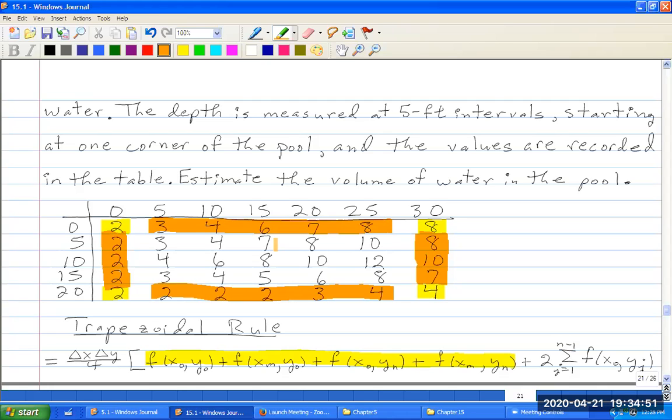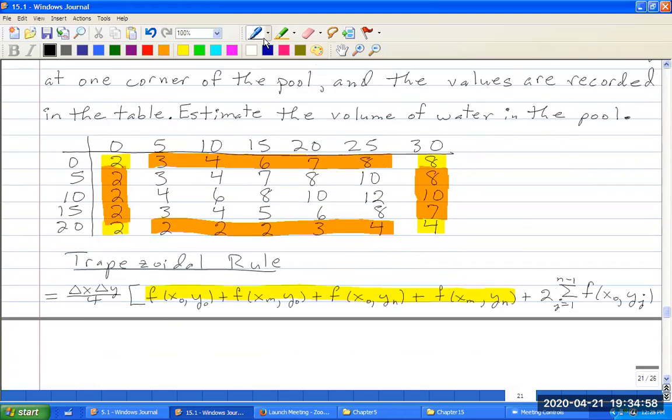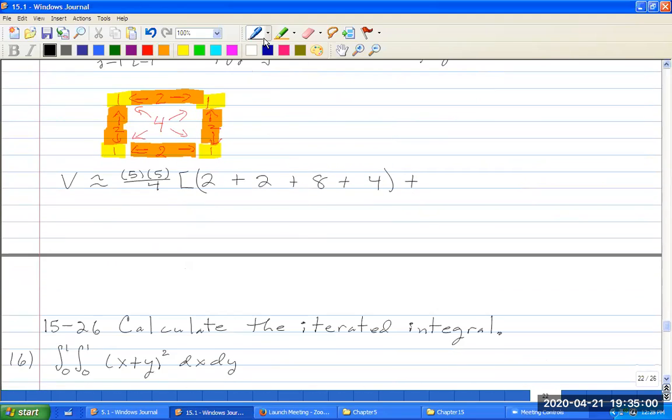I'll be taking each of those, adding them up, and multiplying by 2.